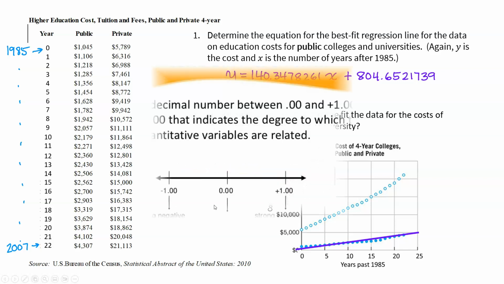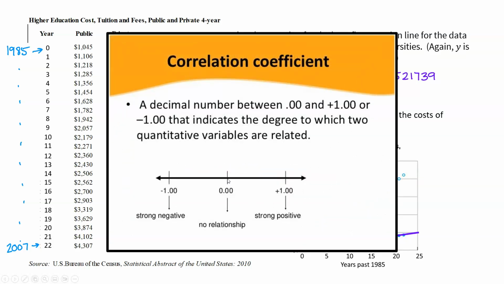And basically, the way it works is 0 represents no relationship. These correlation coefficients have a relationship with the slope. They're not the slope themselves, but they are related to the slope, and the calculation is related to the slope. But essentially, if you have a +1 or a -1, that's perfectly linear. That means that these are lining up, and if you actually went through and did your rates of change throughout, you should have a constant rate of change.